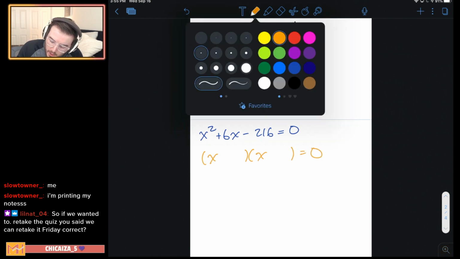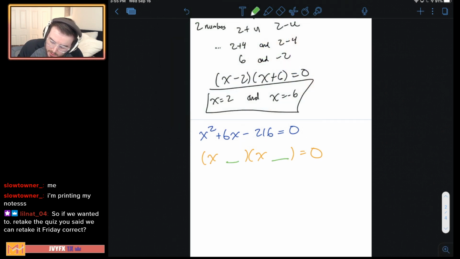And what are these two numbers, right? There's number 1 and number 2. These two numbers need to have a sum of 6 and a product of negative 216.